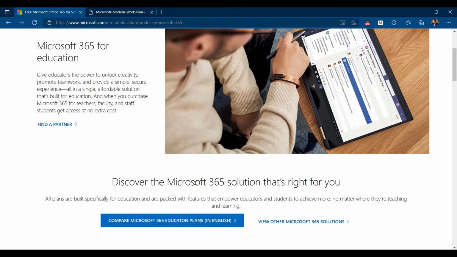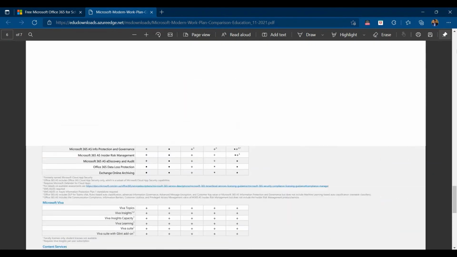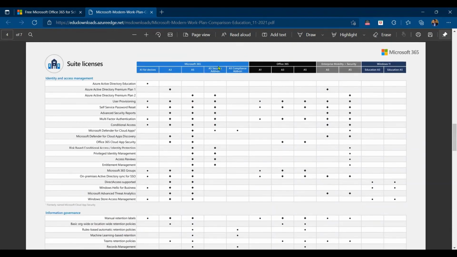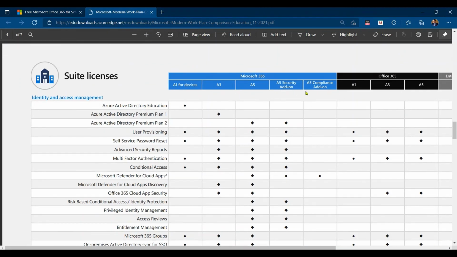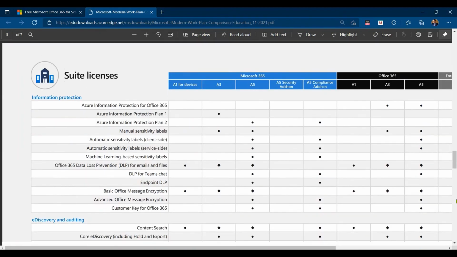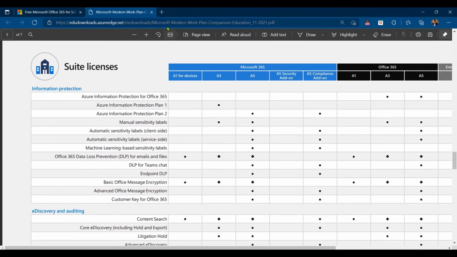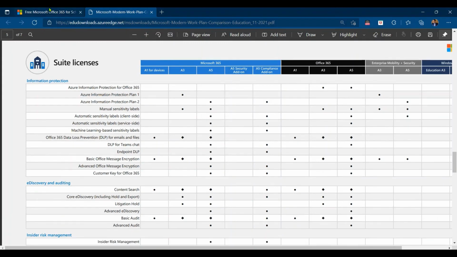If you would like to compare the Microsoft 365 education plans, you have a link here, and if you click on this, you will be opened up with this attachment. This attachment contains almost all the tiers available for the student license, and it also shows a clear indication of which feature is enabled in which license. So you can take a call based on that, and you can go ahead with the student purchase.